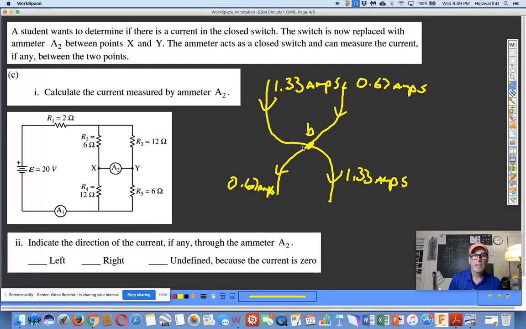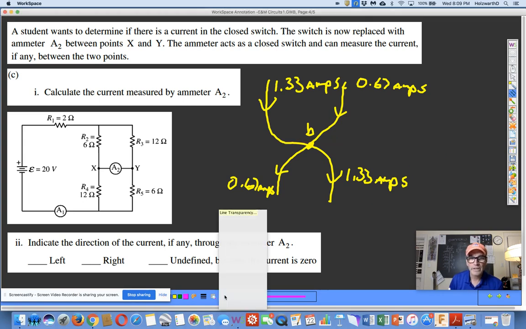Now I'm going to point your attention to the direction, and I think bright pink will show up. This arrow represents the 1.33 amps. Let me put a head on that one.